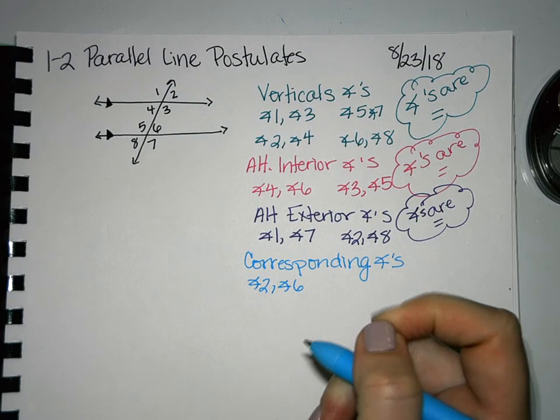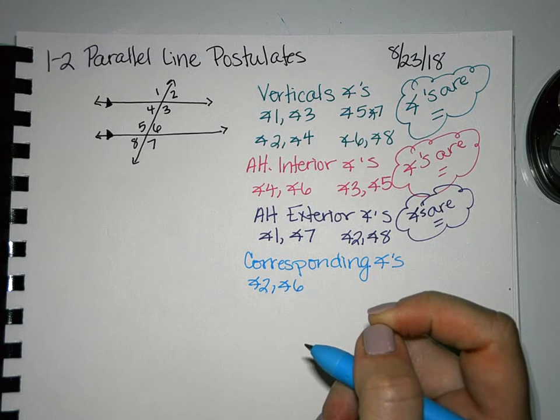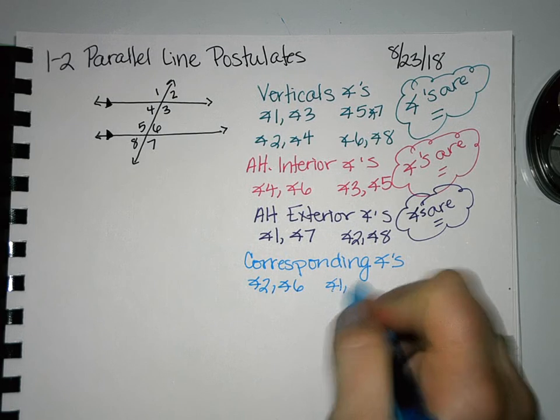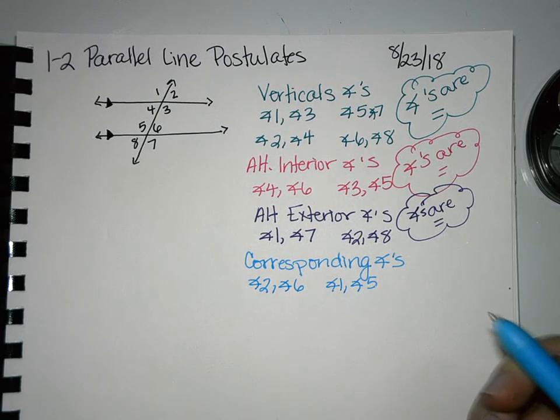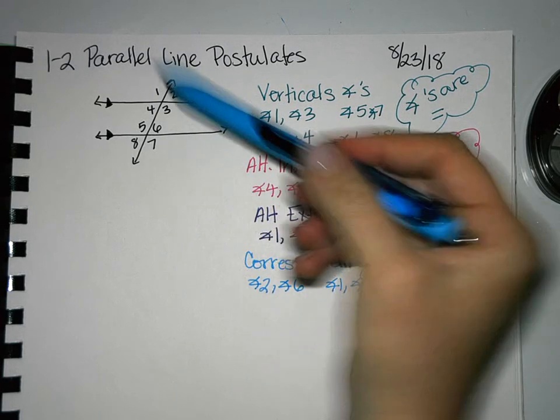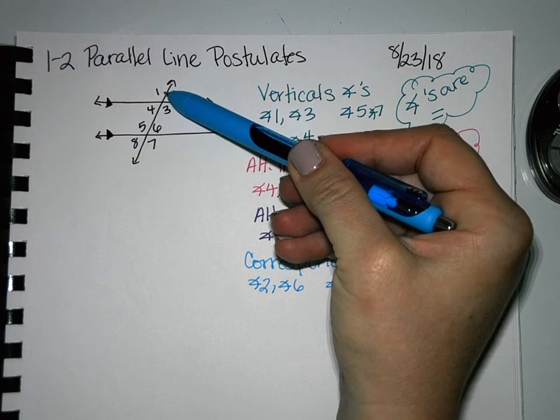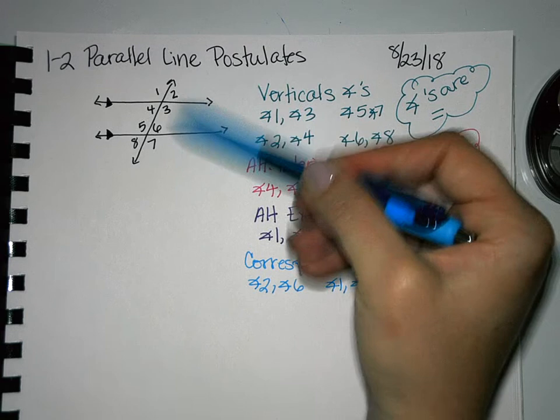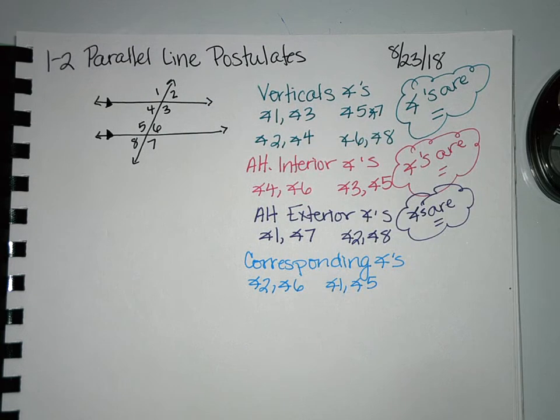Okay. Maddie. 1 and 5. But it can be on each side. Yep, so these are the corresponding that are on the left and above. 2 and 6 were on the right and above. So we have 2 more.